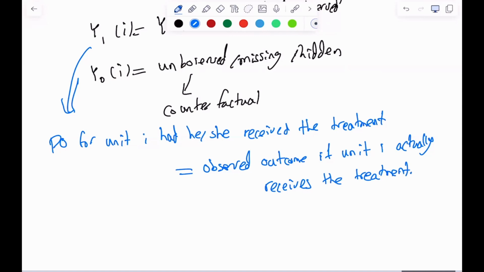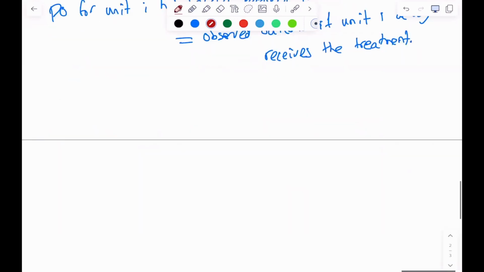All right. Now, since this is actually very important, we have an equation that maps these two potential outcomes, for the case of binary, of course, to the observed outcome. And this is called the consistency equation.